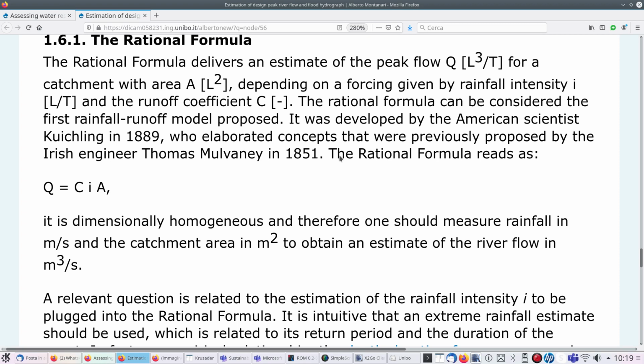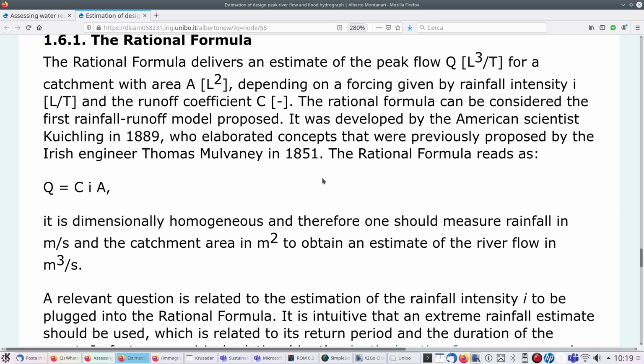Very good. Now, this is a very simple formula, which is nothing else than a mass balance equation. As I said, whatever the amount of water that rains over the catchment is simply transformed into river flow by applying a reduction coefficient.